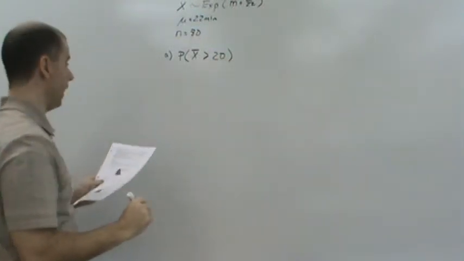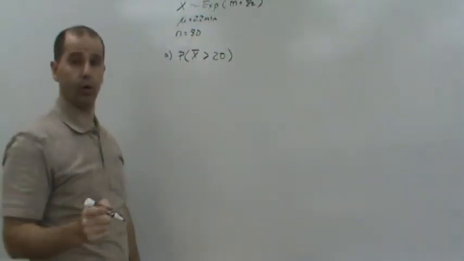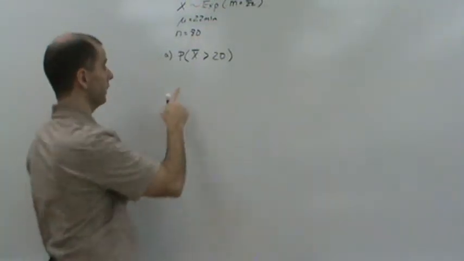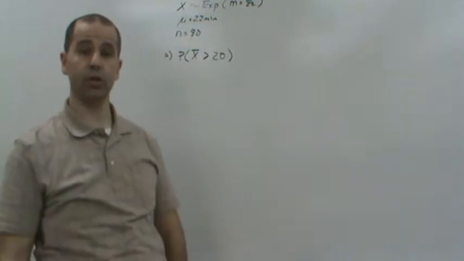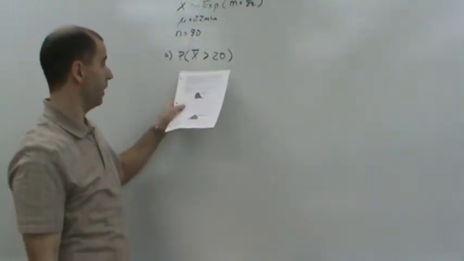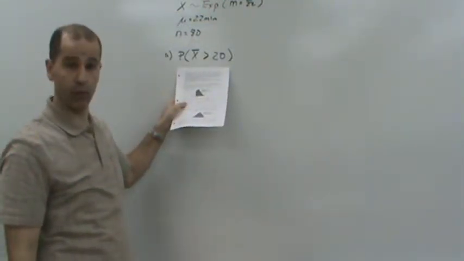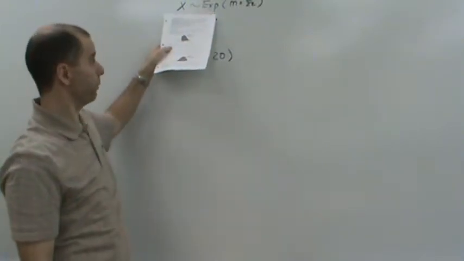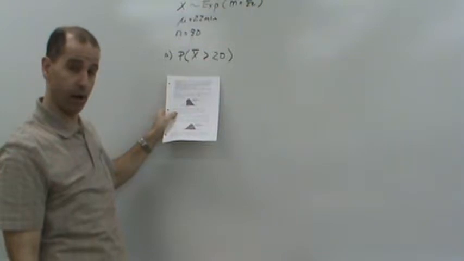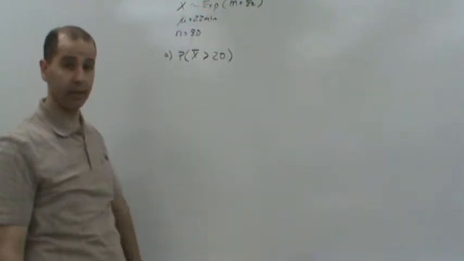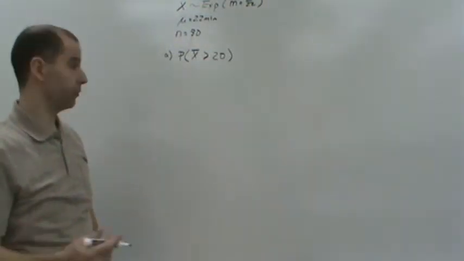That's what we want to find. Now, again, we need to know what the distribution of X bar is. We know the distribution of X, but that's not going to help us. We need the distribution of X bar because that's what the probability is for. We're not talking about a probability about X, we're talking about a probability question for X bar, since we're talking about the mean.